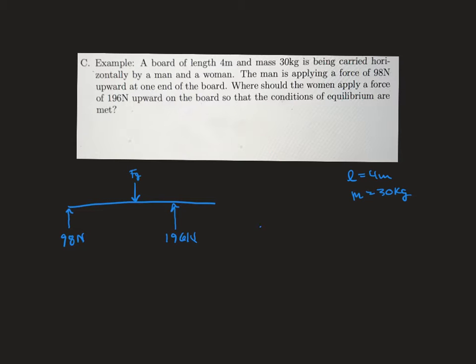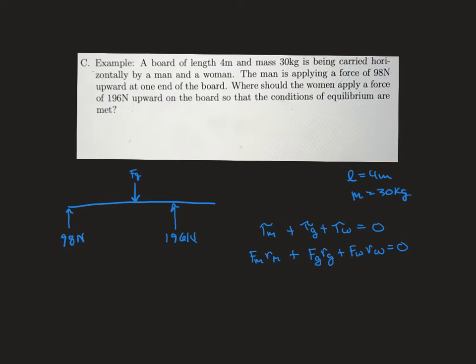Alright, so I'm going to set my torques. We have a torque due to the man, a torque due to the weight of the board, and a torque due to the woman. And I'm going to sub in. Alright, so now we need to decide where to set r equals 0.